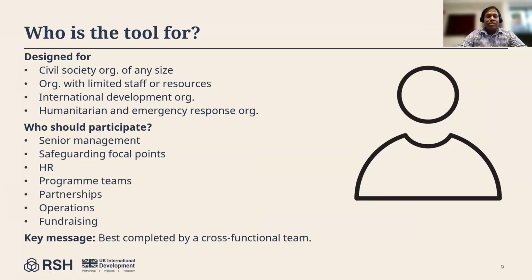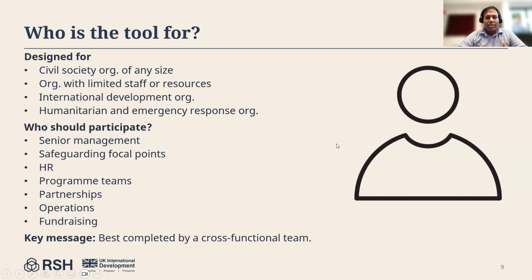Who is the tool for? This self-assessment tool has been designed to be flexible and accessible. It is suitable for organizations of all sizes, including organizations with limited staff or resources. It can be used by organizations working in international development, humanitarian responses, and also emergency settings. Although safeguarding focal points often coordinate the process, the assessment is most effective when it involves people from across the organization.